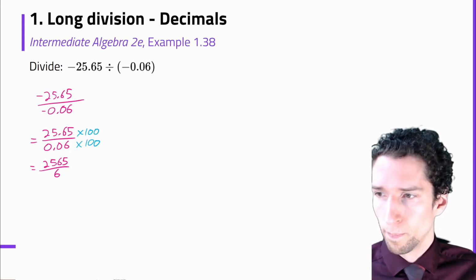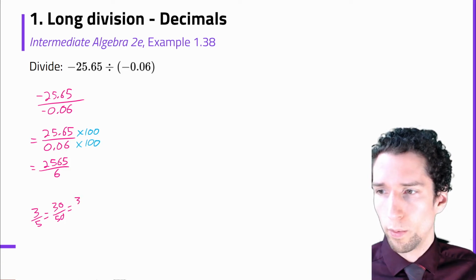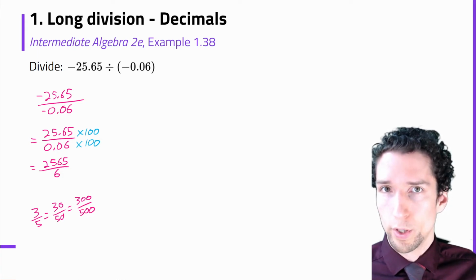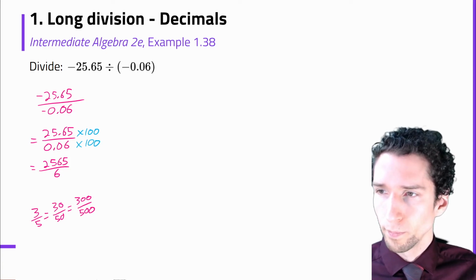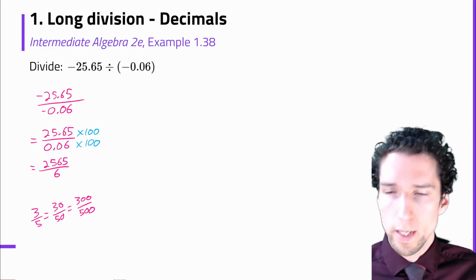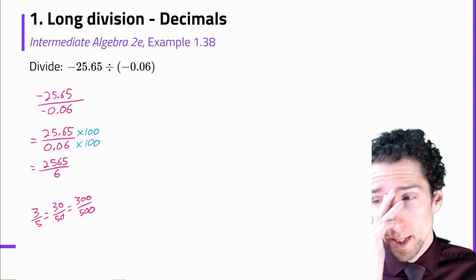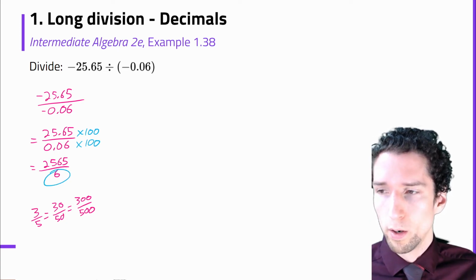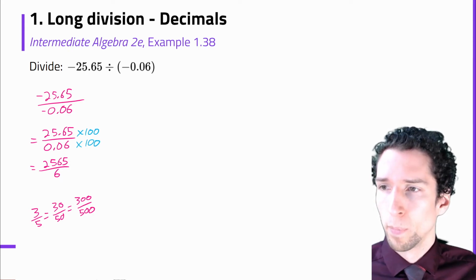Just like 3 over 5 is equal to 30 over 50, which is equal to 300 over 500, like this. It doesn't matter which one of these divisions we do in our long division, we're going to get the exact same result. So it's a little easier to deal with things if we get rid of the decimal, especially the decimal in the bottom number here, the thing that we are dividing by.